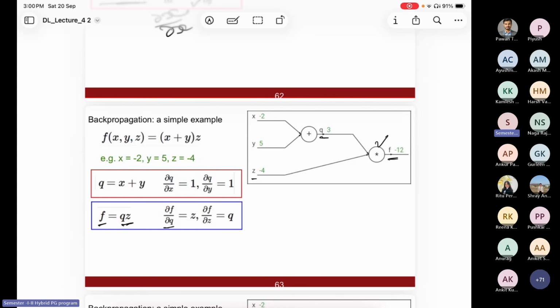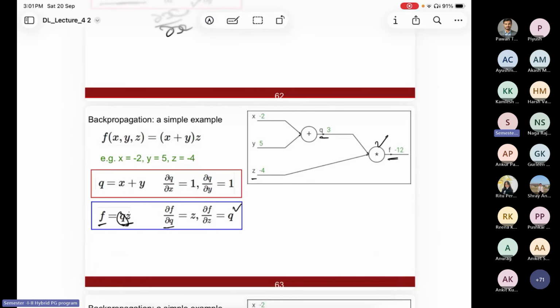The answer is z, because for q, z will be constant, so the constant will come out. If I ask you what is the derivative of f with respect to z, you can say q. So these are very simple derivatives of simple functions that we are just calculating.